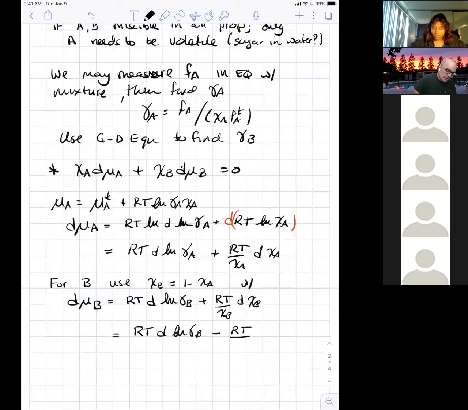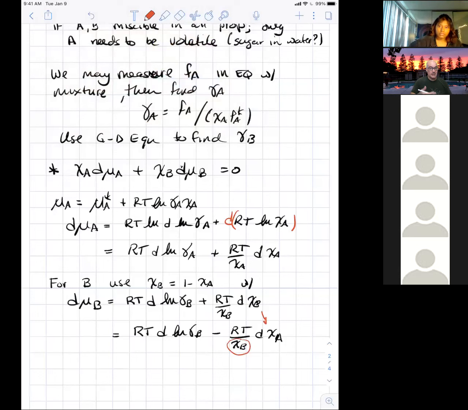So this is where that identity comes in, right? So what I want to do is I don't really care about this factor of mole fraction of B, but I want to get the dependency, in other words, the derivative of the mole fraction in terms of A, right?